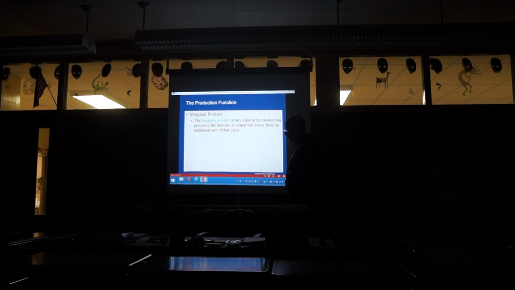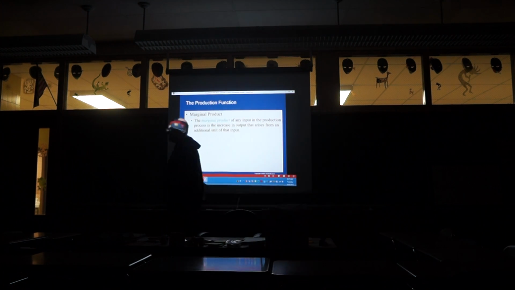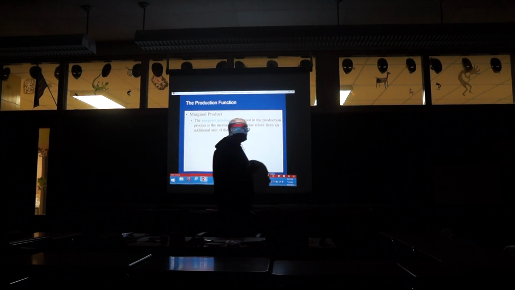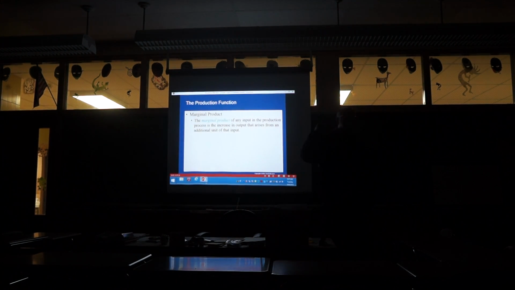In the corn example, the marginal product was, as we put another person at the board, how many more corns could they produce? Even though marginal product is sometimes decreasing, remember total product is increasing.